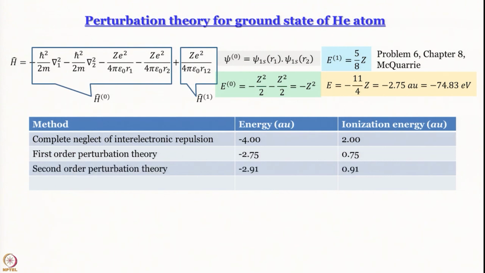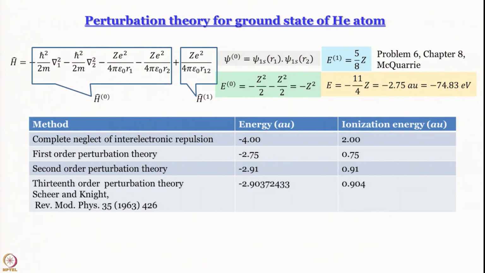If we do second order perturbation theory treatment, then the energy we get is minus 2.91 atomic unit. If we keep on going, then I will just show you the 13th order perturbation theory result. This is by Scherr and Knight, published in 1963. Here we get, and now see what I was talking about, you have to go to a lot of decimal places if you want to work with atomic units.